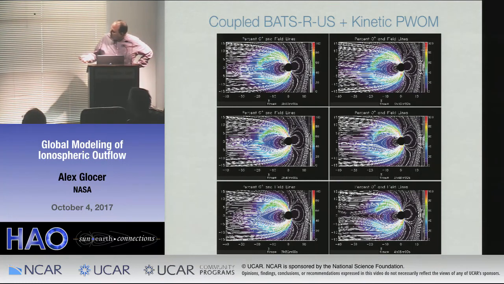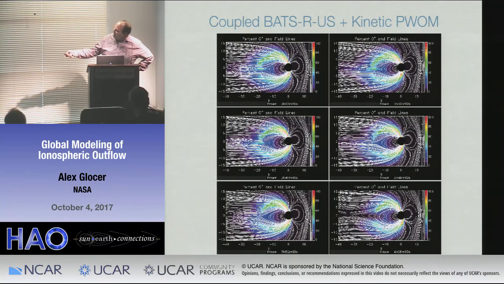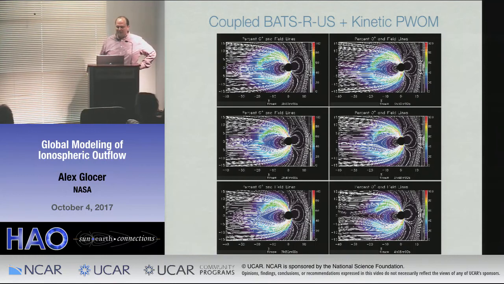And it's a little hard to see with this resolution on the projector, but basically the O+ is filling the lobes, and it's landing actually right near the reconnection site in the tail. And what you see, if the resolution was a little bit better, is that you can kind of see it here though, that the X line is moving around, that you end up getting a lot of plasmoid formation, and the tail stability is really disrupted by this outflow.